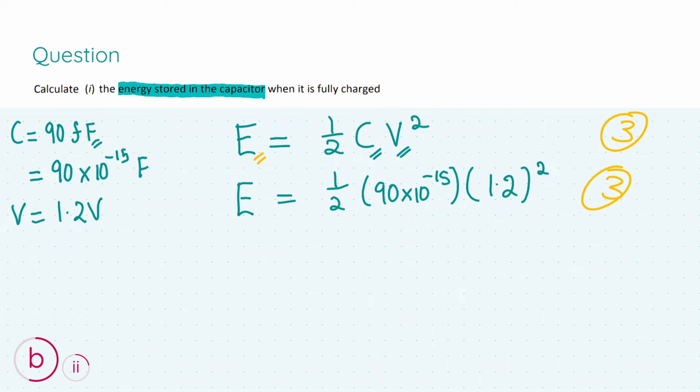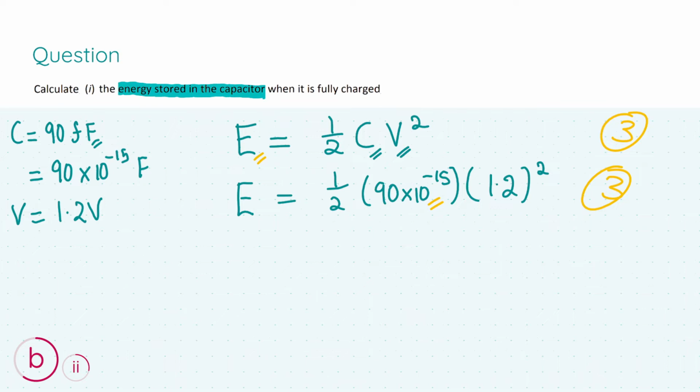Even if you get the right answer for the energy stored in the capacitor, but you don't put down your workings, i.e. substituting it in, you will still lose 3 marks, because the examiner doesn't know where you've got that figure from. Have you actually converted the capacitance into SI units correctly, and so forth. And you'll see this as a pattern in the marking scheme. If you go through any question, guarantee you will be awarded marks for substituting it in. So keep that in mind.